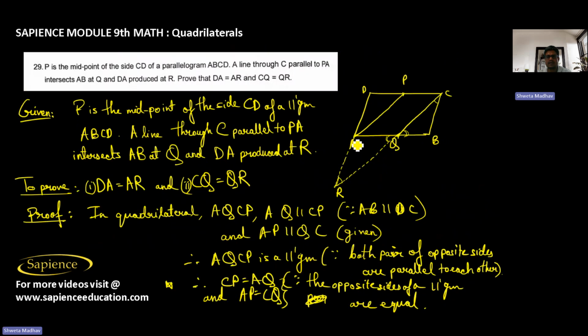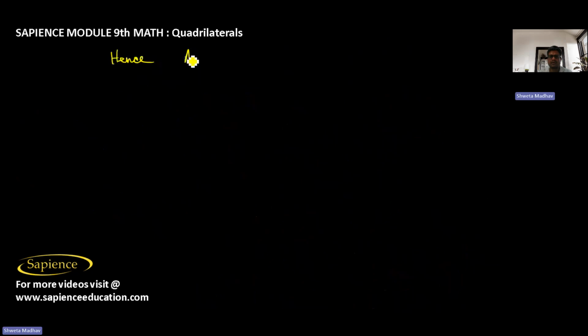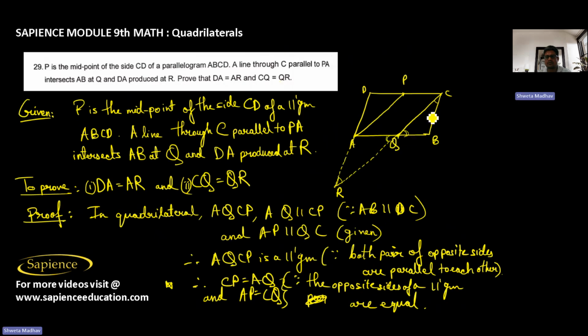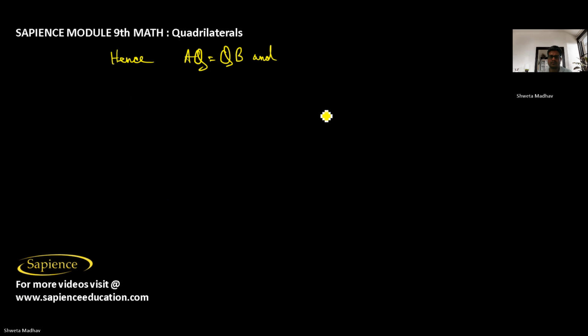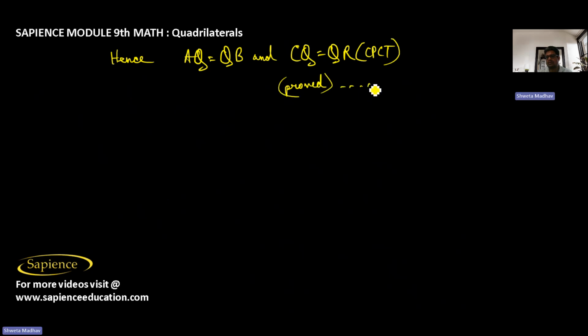So I can say that AQ is equal to QB, and also CQ is equal to QR by CPCT. So hence proved part 2. Second part has been proved.